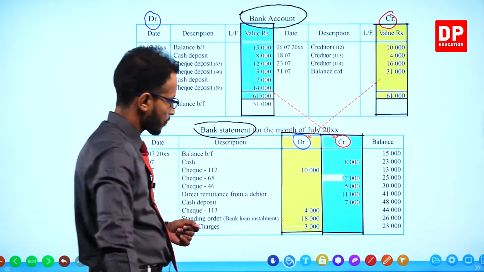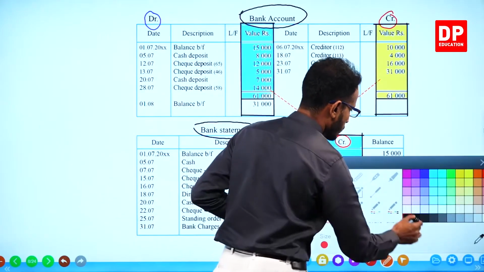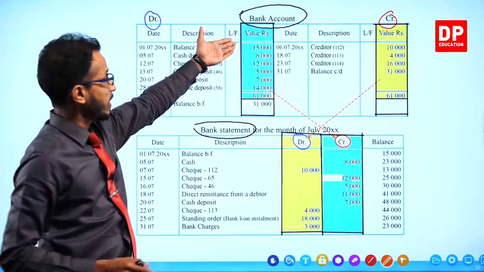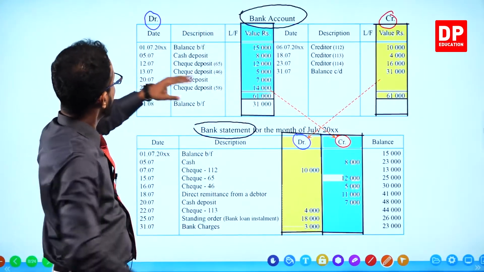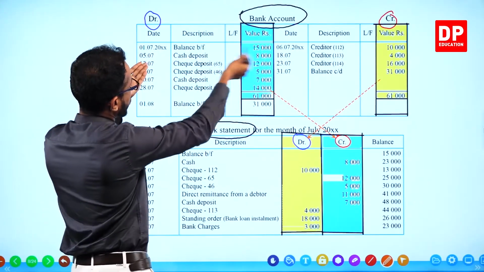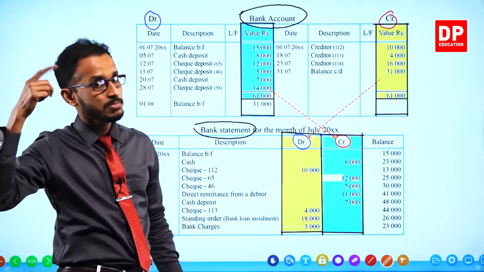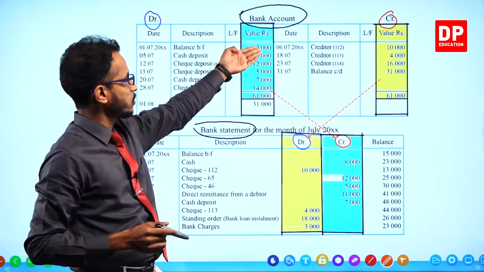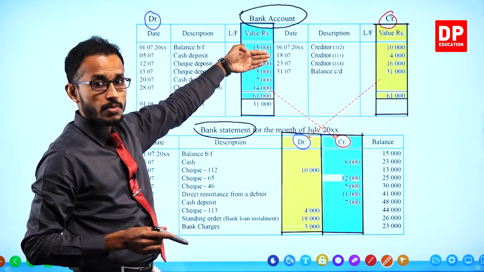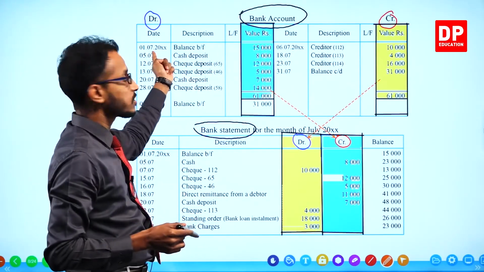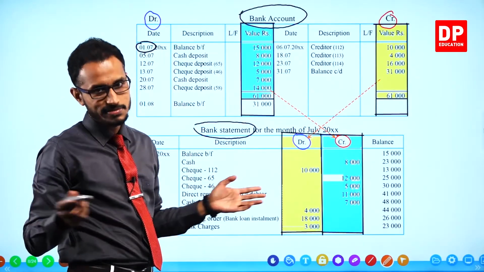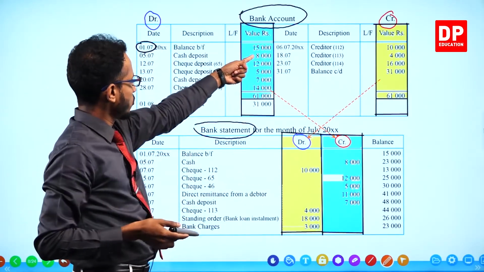We'll start ticking. First item on the debit side of our bank account: balance brought forward. That is the final balance of last month brought forward to this month, and the bank account had a 15,000 balance on the 1st of July.